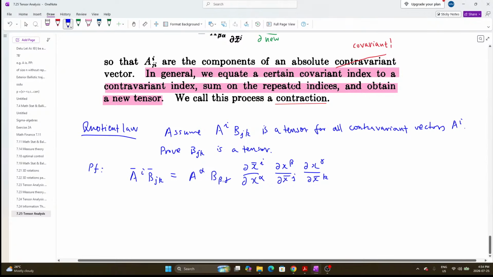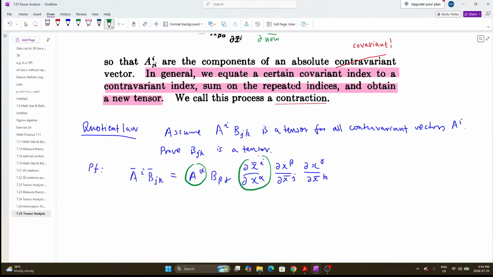And now we're going to do something. A^i is a contravariant vector. So because A^i is a contravariant vector, you can collect A^alpha and its corresponding Jacobian, which has alpha in it.